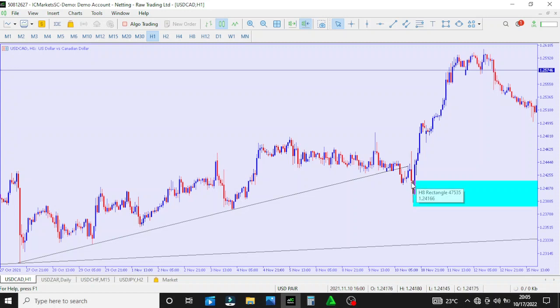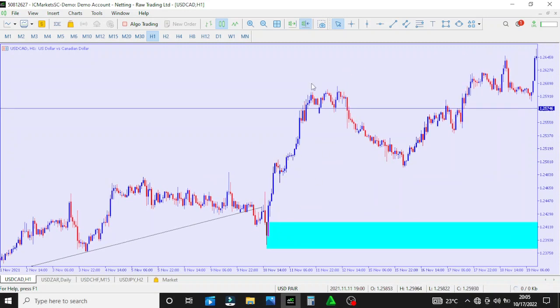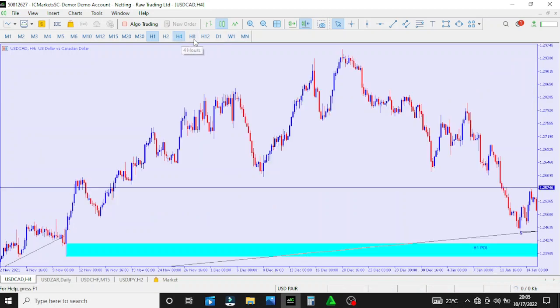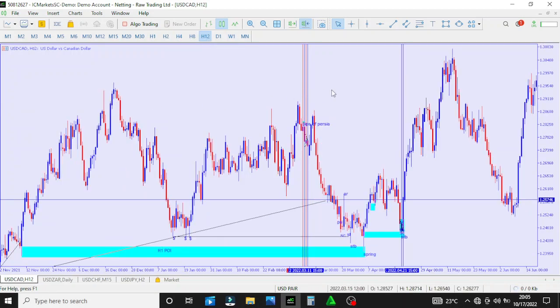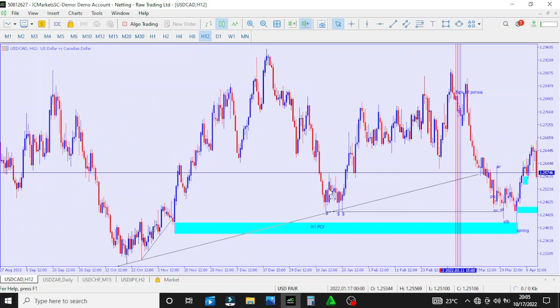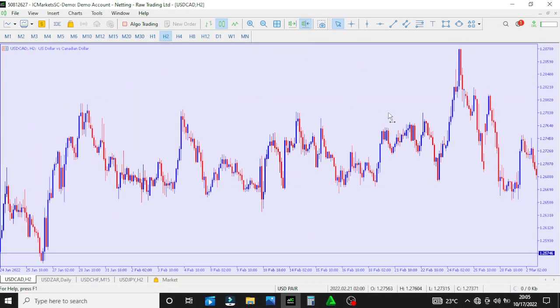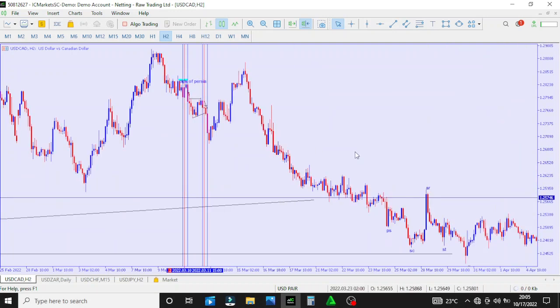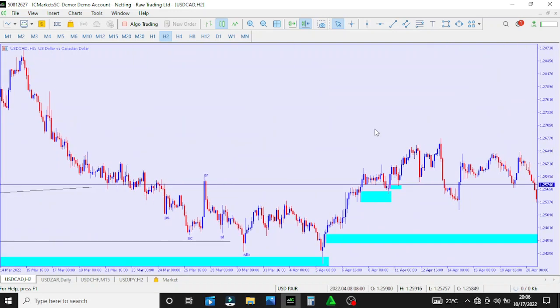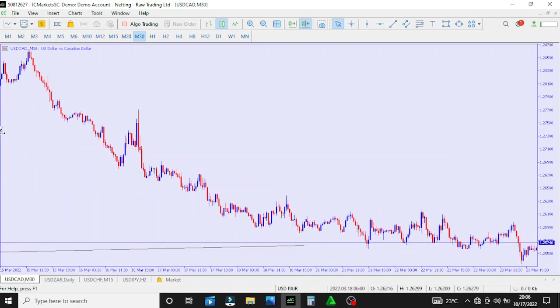A lot of people jumped in on the close of this candle due to fear of missing out, and this move took all the stop losses. So that's why it's significant. That's why I selected this point of interest, and that's where our textbook accumulation was formed.